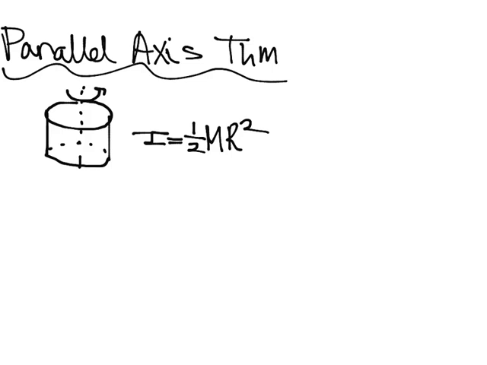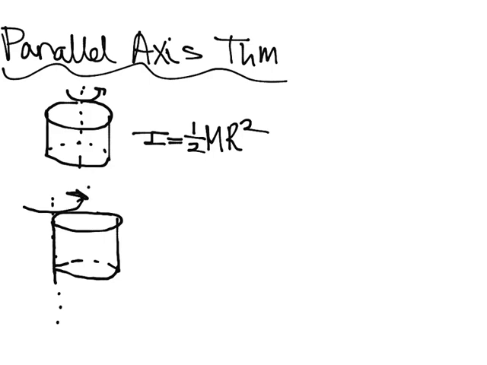So what if, instead of rotating it around its middle, you were to take the whole cylinder and rotate it around its side? I'm just trying to show where the center is, and we have a distance r.